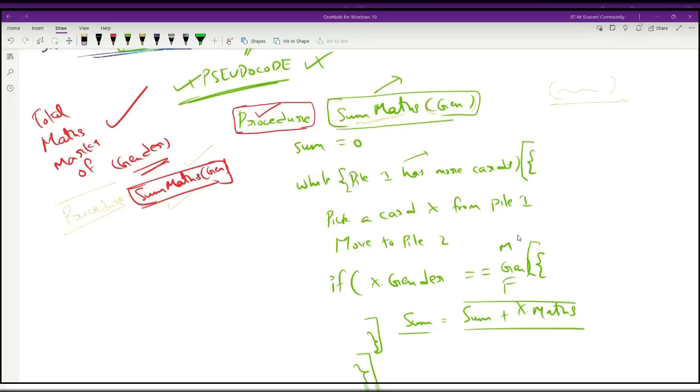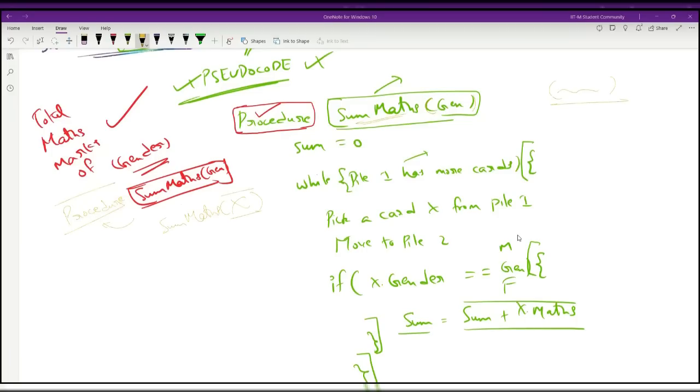Now I just taught you two things. One is that the word procedure will be present just beside the name, or in case it is not present, you must be able to make out that it is a procedure if there is a brace with a parameter inside it. Let us say the parameter is x, in the general case.